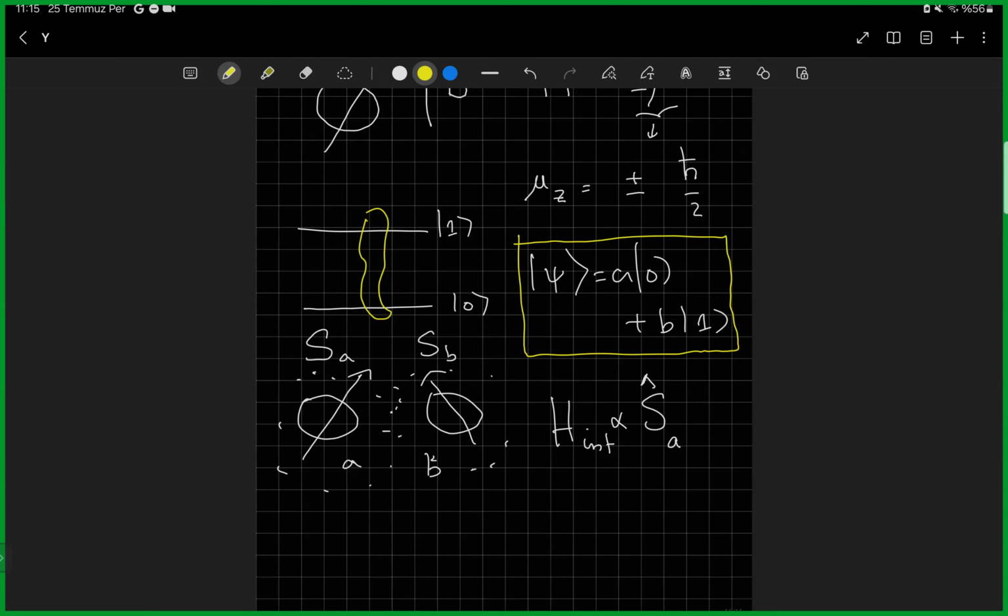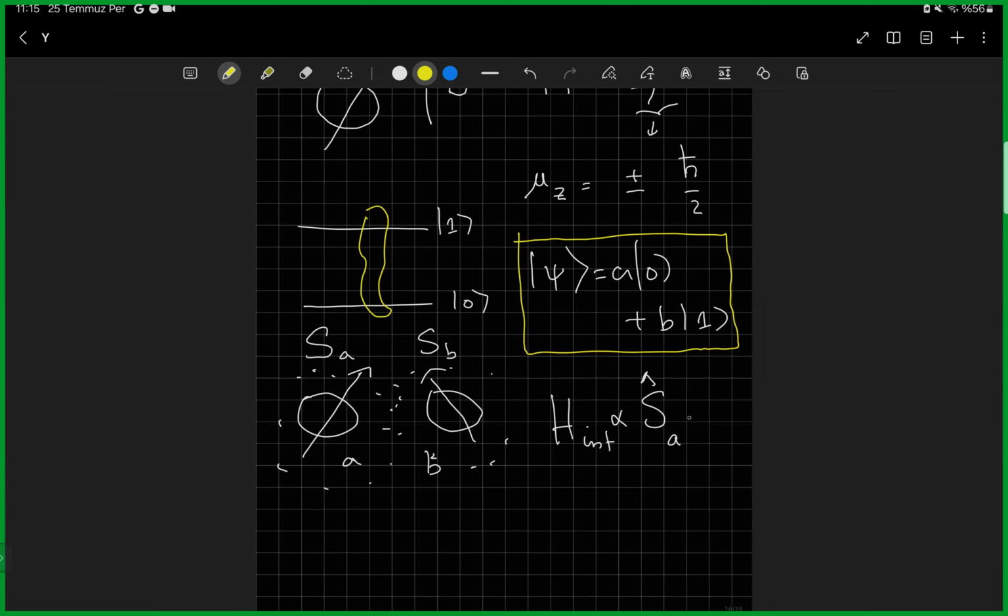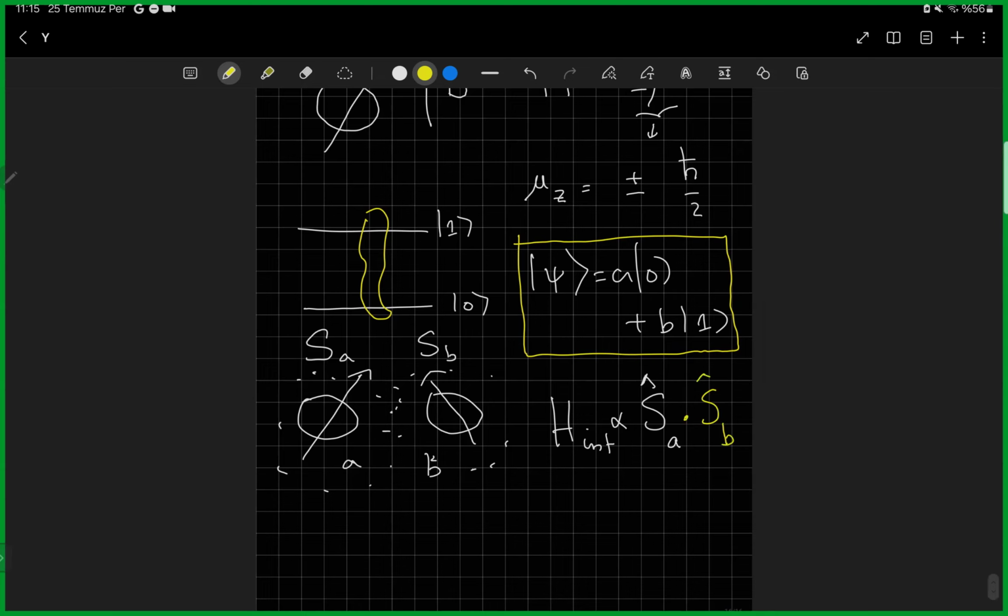Right. So I was talking about the interaction between two spins. So this interaction could be of this kind. If you remember from your condensed matter physics, two spins can interact. This is called the exchange interaction. This is the Heisenberg interaction. The Ising interaction is when you have an interaction of this form, S_A^z S_B^z.